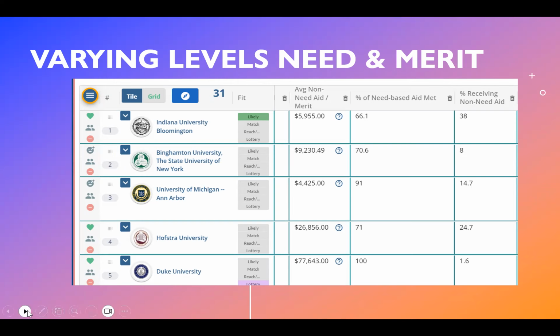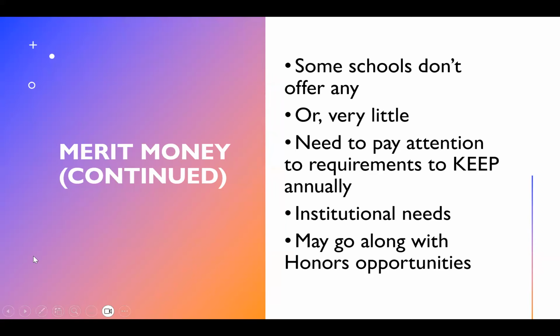So as I've mentioned, some don't offer much or very little. The other thing that you will notice when a student is awarded merit money, somewhere it will explain what they need to do to keep that merit money.